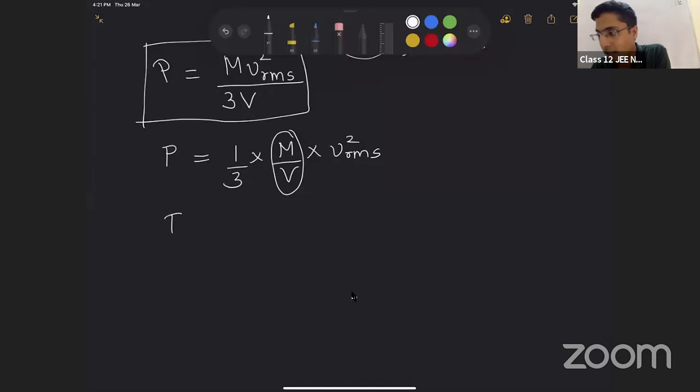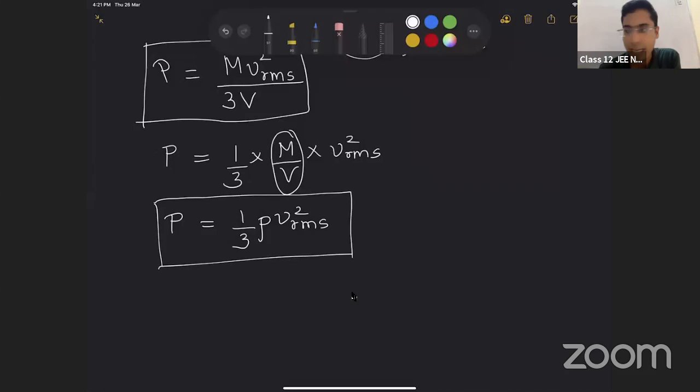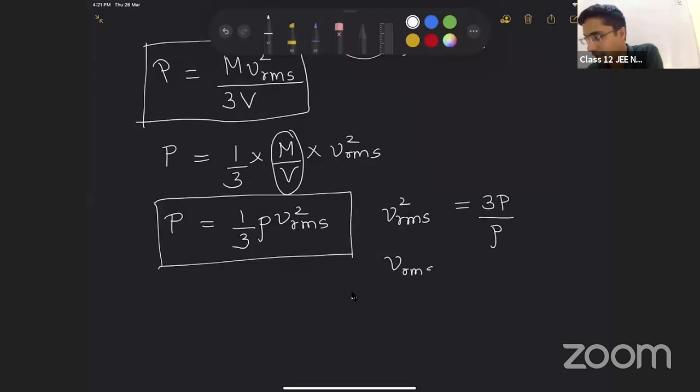So I can write pressure is 1 by 3 rho Vrms square. This is the first expression for pressure, density, and Vrms. So please remember this. If I rearrange this, Vrms square is 3P by density. Hence, Vrms is root of 3 times pressure by density.